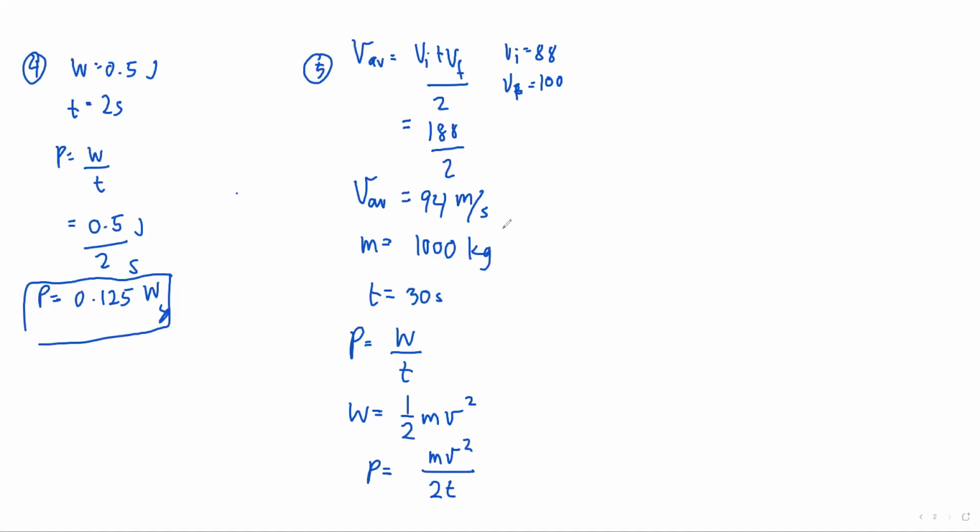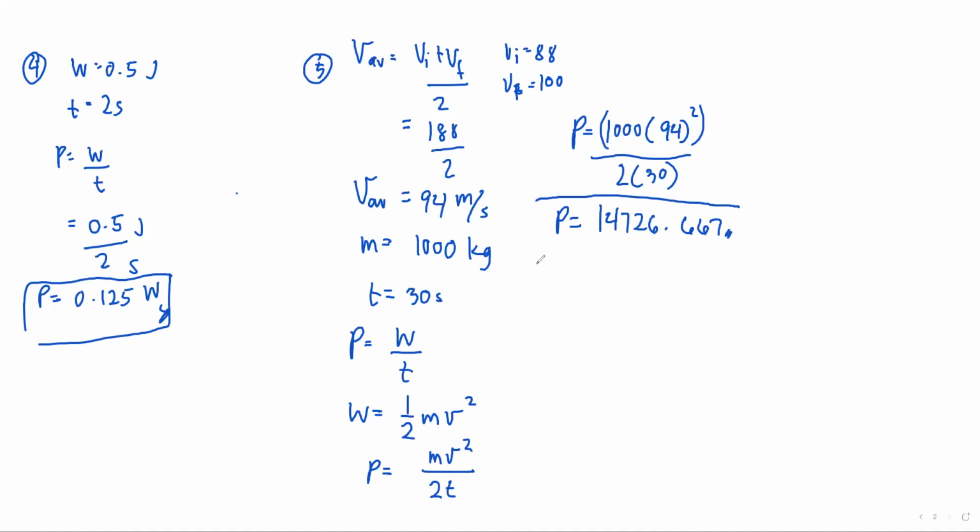Yan ang working equation natin. P is equal to 1,000 multiplied by 94 squared all over 2 times 30. So, 1,000 times 94 squared divided by 60. So, our power is equal to 14,726.667. Okay? So, ayan. Bali, yun yung 5 sample problems natin.